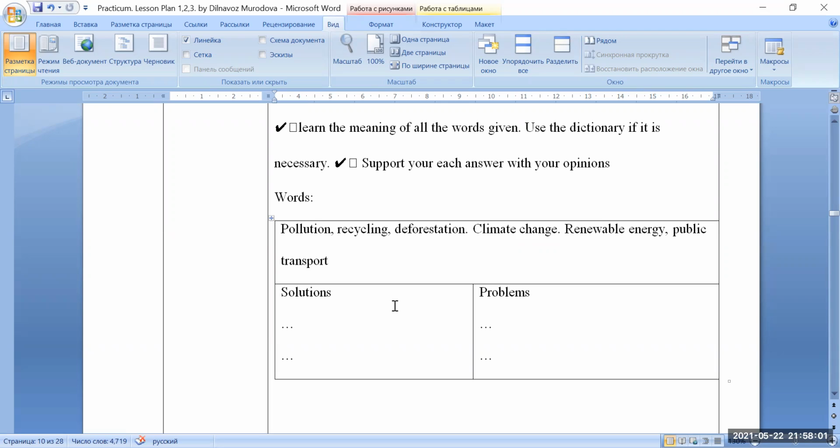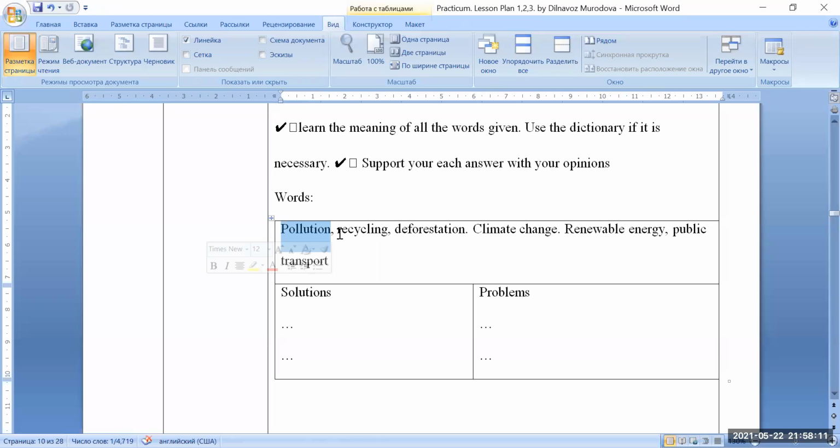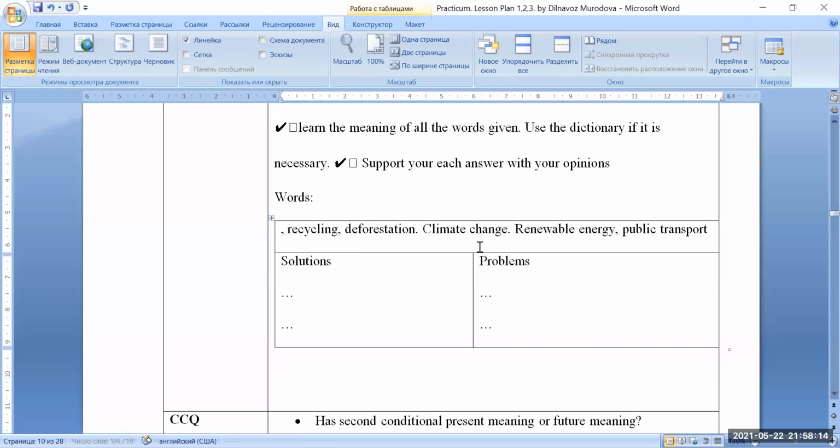Okay, in my opinion, it's time. We are shortening the time. The first word is pollution. Pollution is a problem. Yes. And what about recycling? I think it's a solution.